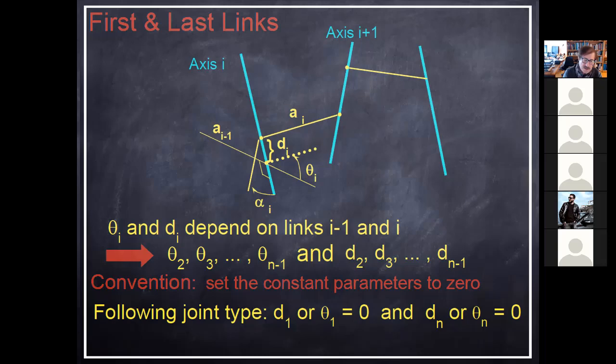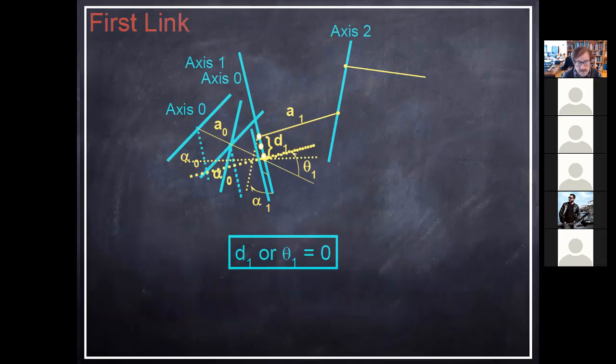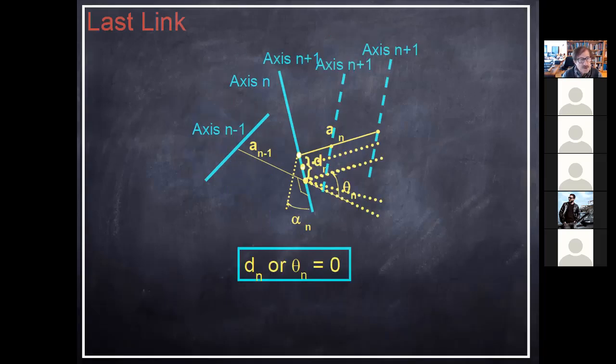So that means there is something wrong and we must correct this. Therefore, I will always write that either d or theta is equal to 0. It can be the first or the last link, but either one of them should be 0.